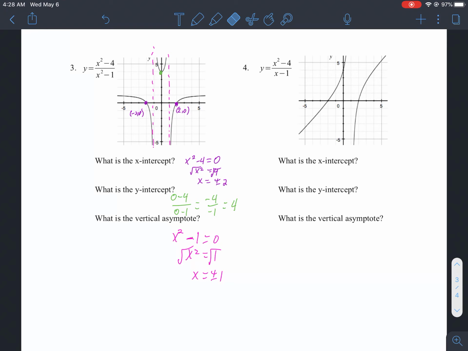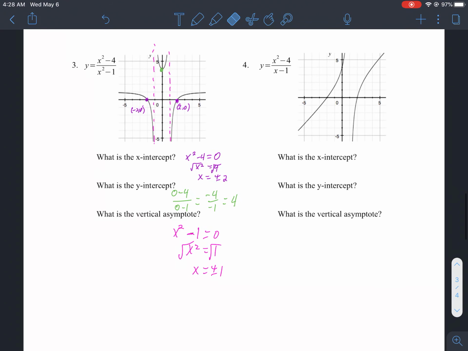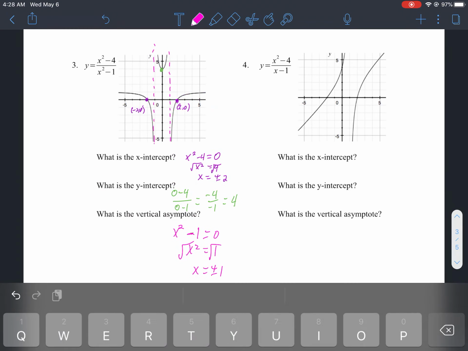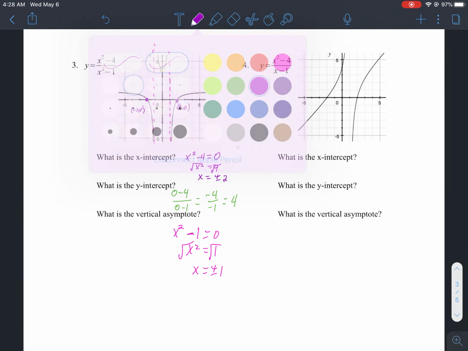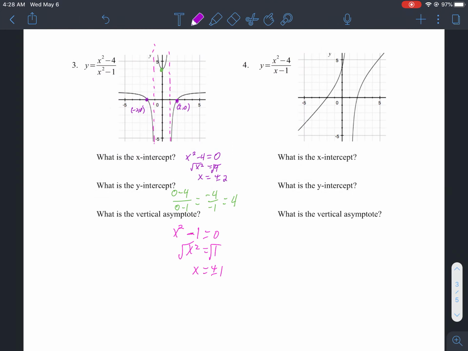Okay, one more just to make sure you got the hang of it. So the x-intercept was numerator equals 0. Add 4, square root, get plus or minus 2. Look up above. We'll double check.